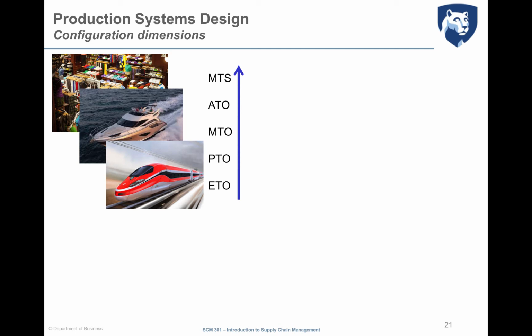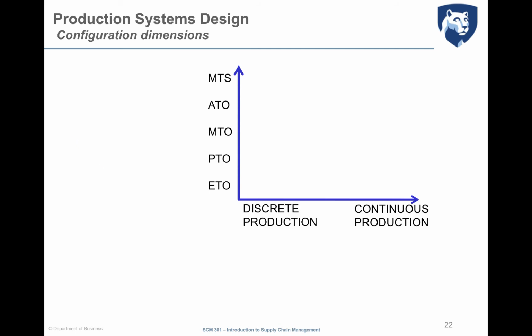You can cross this. So on one side you say, okay, we manage the delivery time in this way: make to stock, assembly to order, make to order, purchase to order, and engineer to order. And you can then also match this with the type of product that you realize, so the type of production that you realize. And in this case, you can distinguish between discrete production and continuous production.